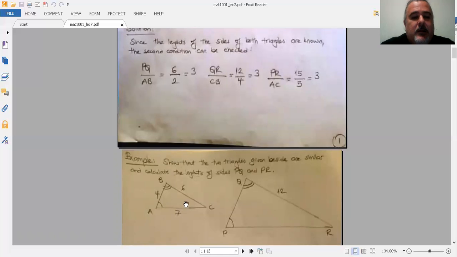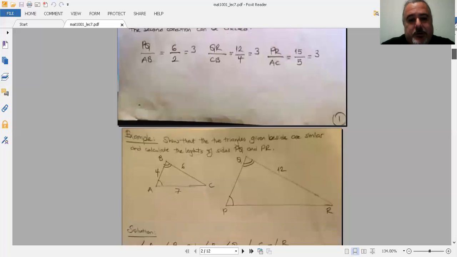And from this, of course, we know that the two triangles are similar. We know that property. So if this one is 12 and this one is 6, the proportion should be 2. So if this one is 4 and the proportion is 2, this should be 8. And if this one is 7 and the proportion is 2, this should be 14.